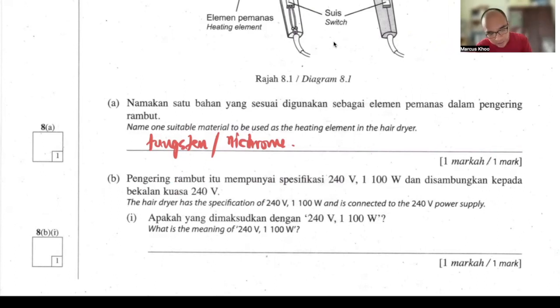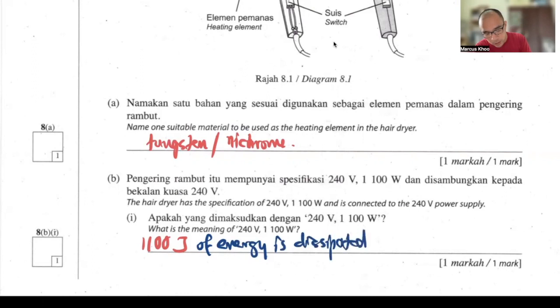I want you to standardize this: 1100 joules of energy is dissipated per second. I write joules because the words energy per second refer to the power. The 1100 comes from the 1100 watts over here.